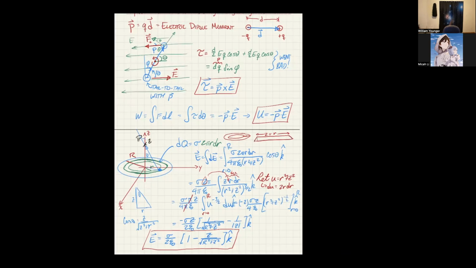In fact, this part would be 2 pi times r plus dr. And then this thickness right here is just dr.